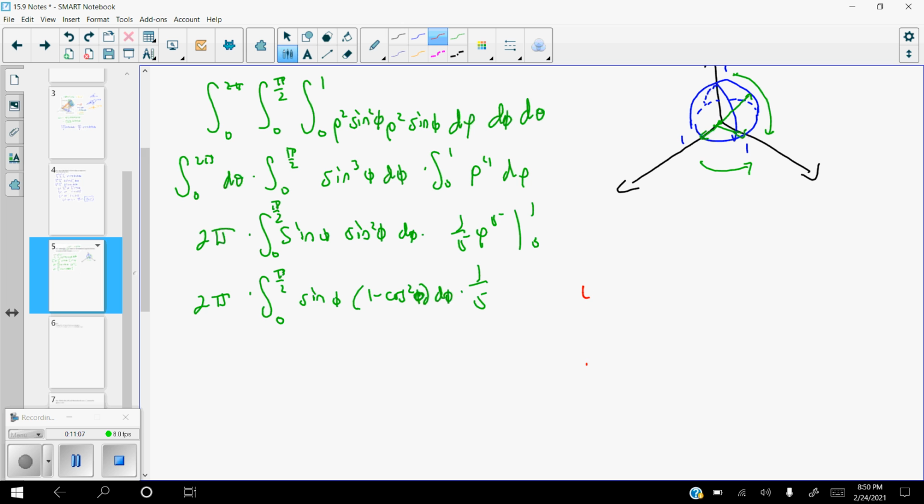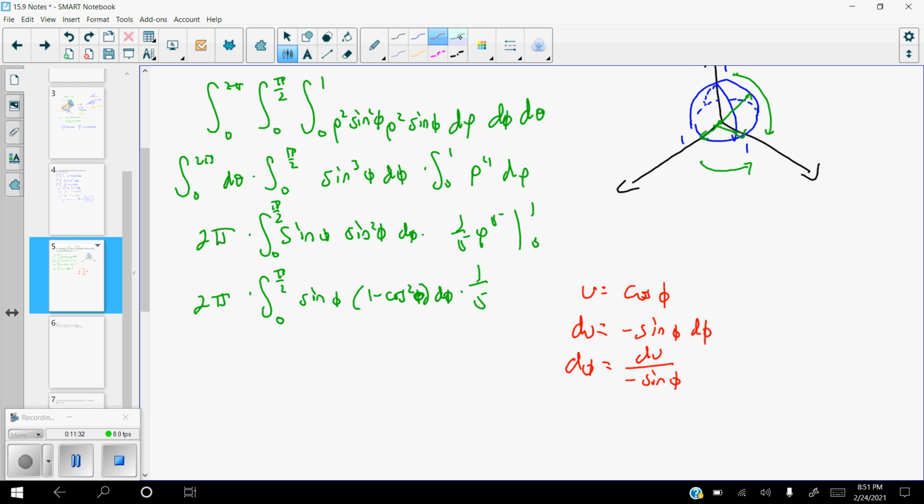So U is going to equal cosine of phi. And then we can do the U substitution process and watch the magic happen. So du is going to be negative sine phi d phi. Solving for d phi, we get du over negative sine of phi.